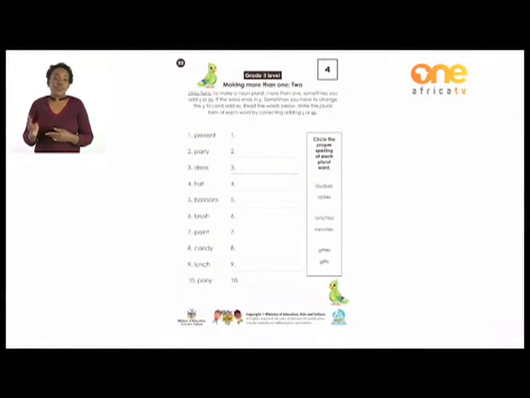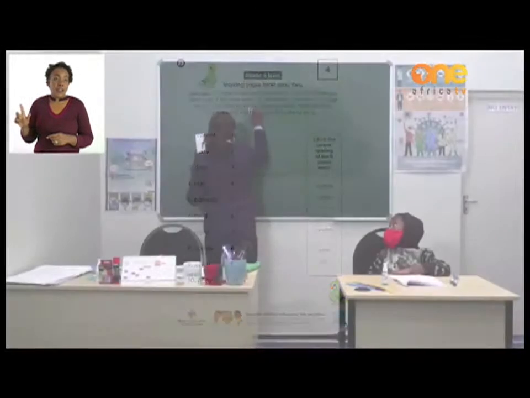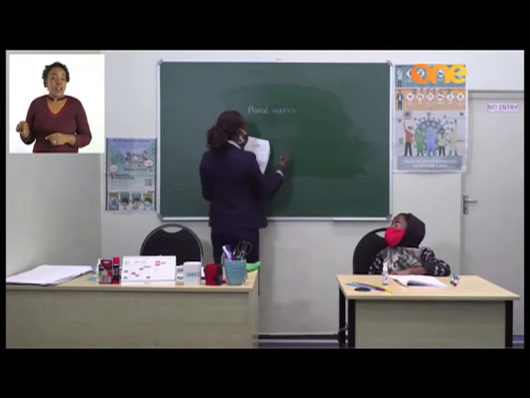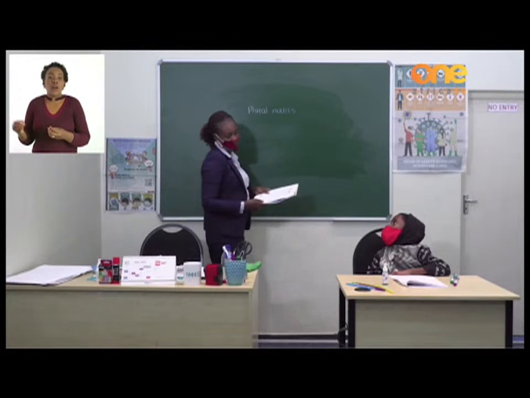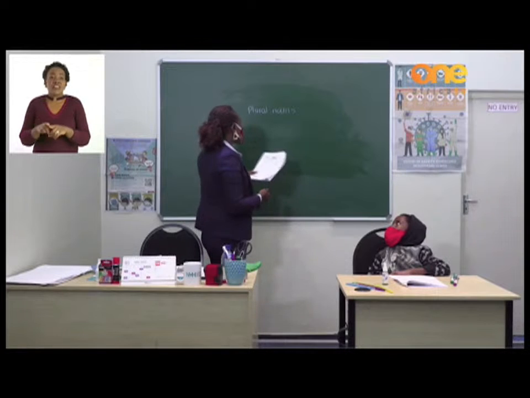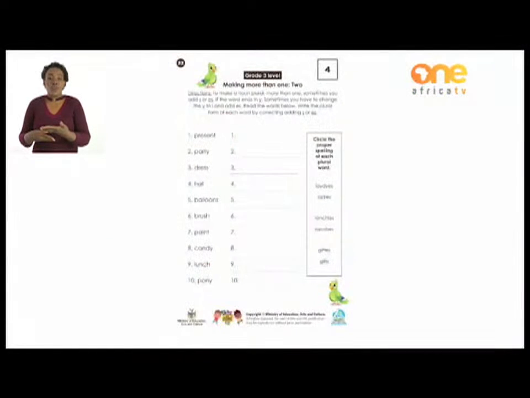Let's now move on to page 22, where we are going to talk about plural nouns. When we say plural nouns, it means more than one, as it is written in your booklet, making more than one.